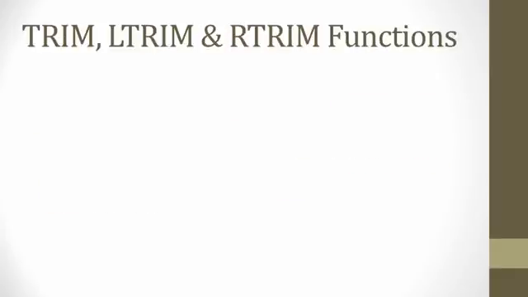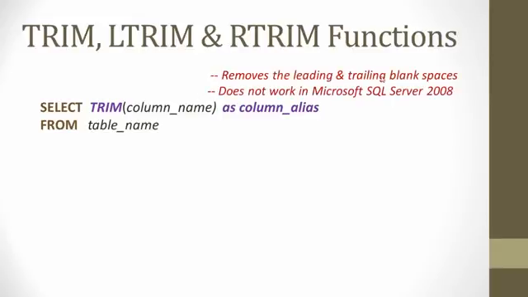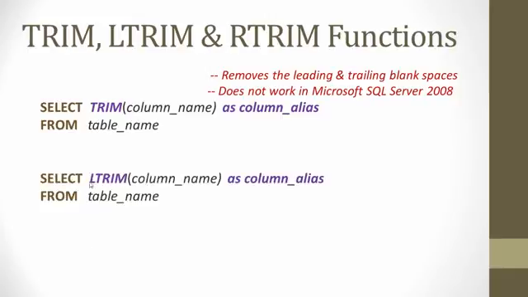Ltrim and rtrim, let's look at those. Select trim as column alias. If you want to include the column alias, you could do that. If you don't, then the column name will not be specified. This removes the leading and trailing blank spaces. One thing to note is this trim function doesn't work in SQL 2008. So we could use a combination of ltrim and rtrim, which I'm going to talk about here.